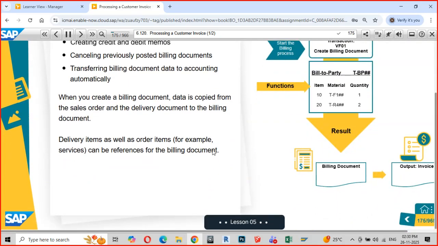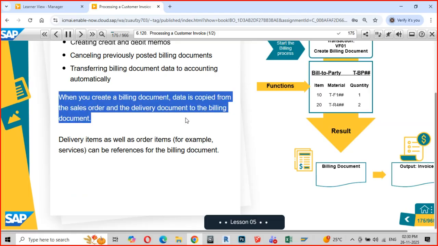See, as we had a relation from the PO for every kind of a MIGO or a MIRO, here again, whenever you are creating a billing document, data is picked up from the sales order. That is a basic document. Correct?